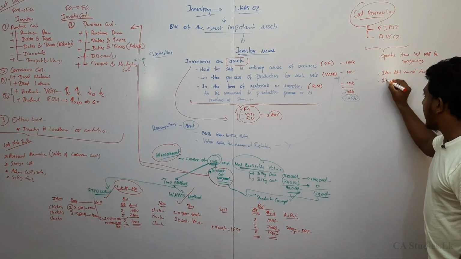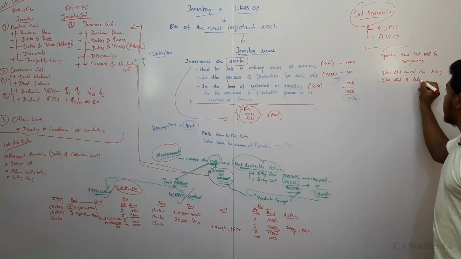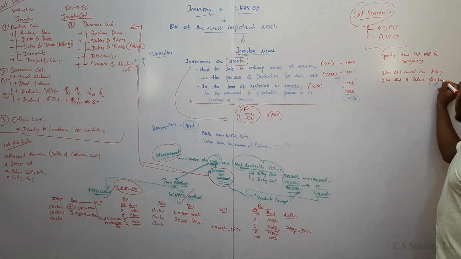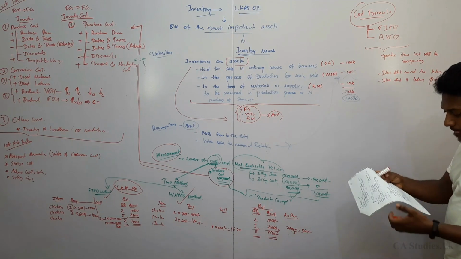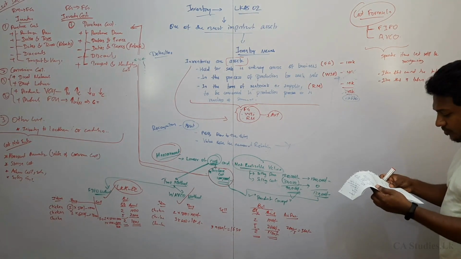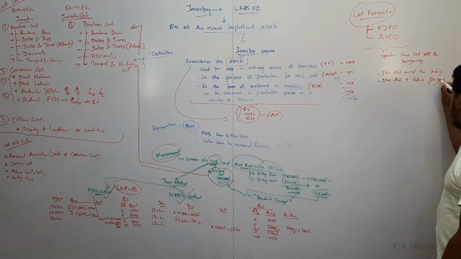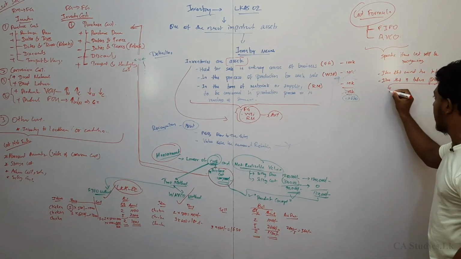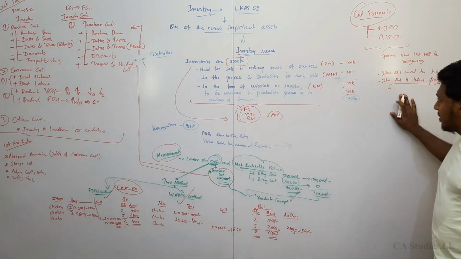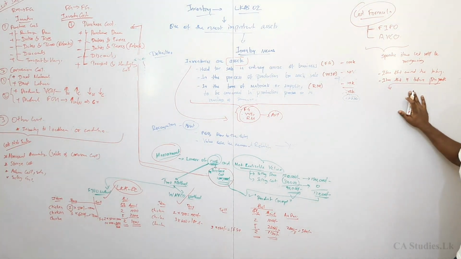if any item is taken for a project, the project cost will be different. That project cost also can be allocated to the item, right? This is not in your syllabus. Even at corporate level and strategic level, this is not tested, right?